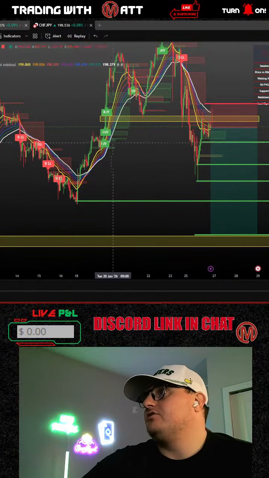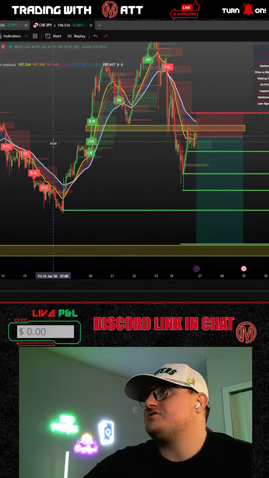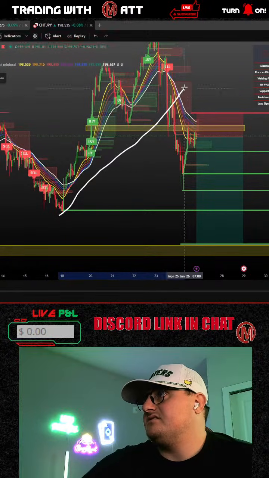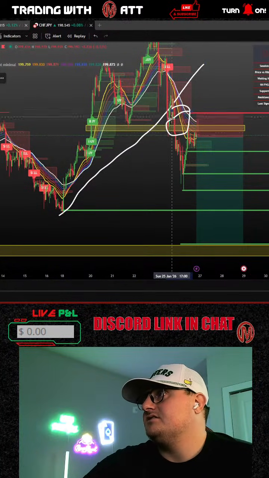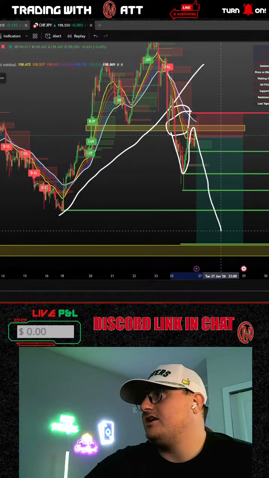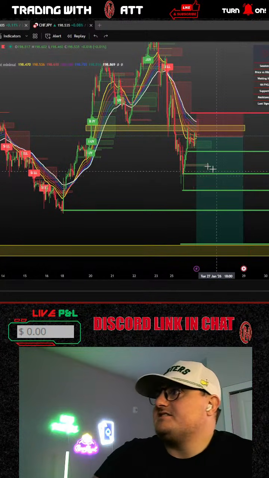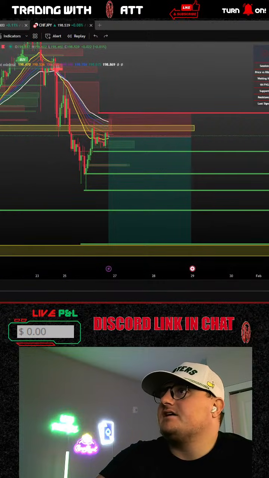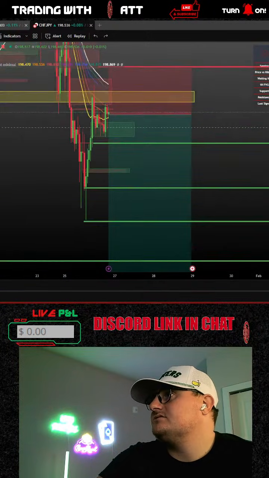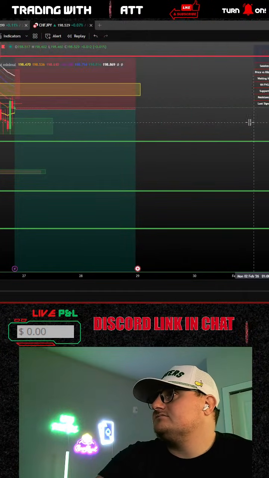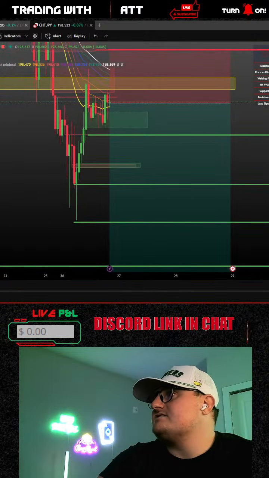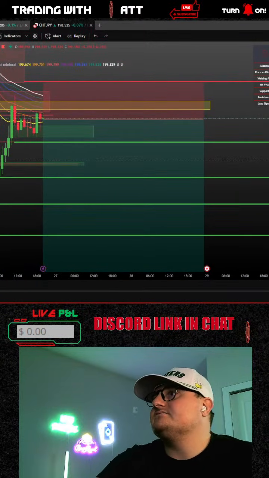It broke the low, because if it was an uptrend, it would have broken structure right here. And it broke and retested. That's why I like this sell right here. We might set and forget that overnight, to be honest with you guys. CHF JPY sell, set and forget overnight.